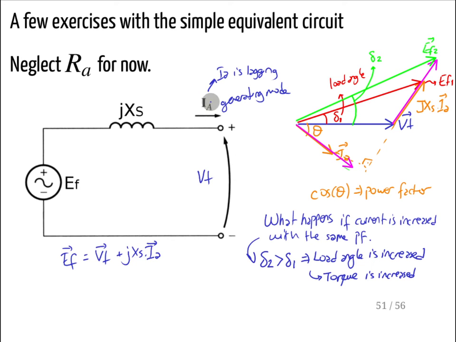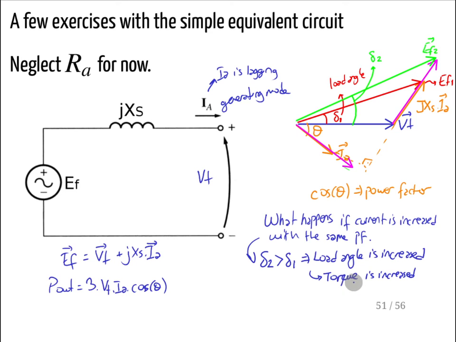Actually that is proportional, because there are no dissipative elements. If I increase the current, I can write P out equals 3, because of 3 phases, Vt times Ia times cos theta. In this case the terminal voltage is the same and the current is increased, so the output power is increased.